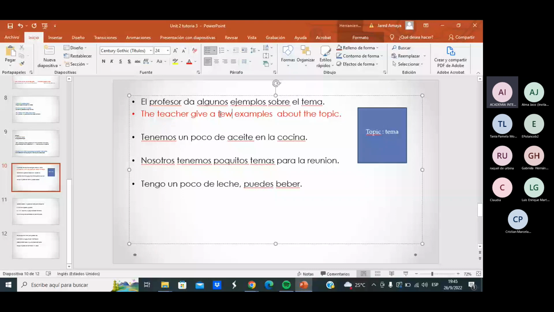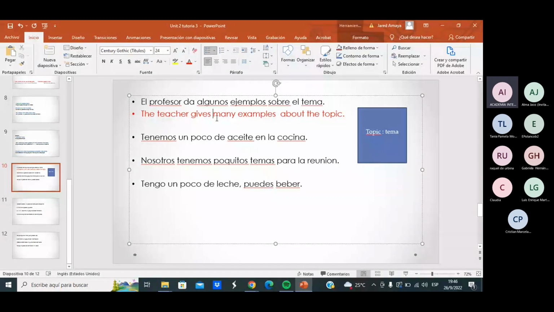Because if we use many here, it's correct. The teacher gives, I have to add a letter S here because we are talking in third person and the verb needs a letter S. The teacher gives many examples about the topic, but this says el profesor da muchos.